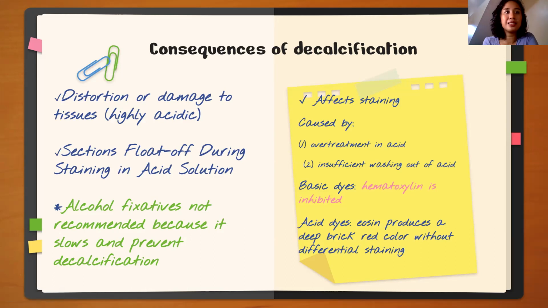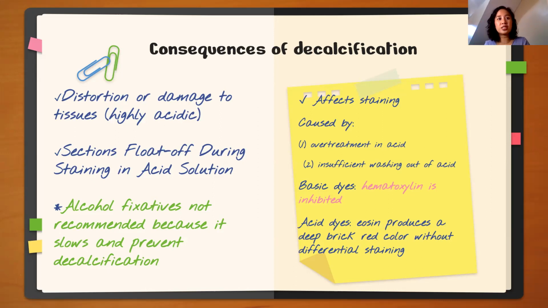What else, class? Sections float off during staining. Natatanggal yung section, di ba? Once you cut the tissue ribbons, you float them in the flotation device, tapos ididikit mo sa slide mo. Bago magdikit sa slide mo, usually nilagyan natin ng albumin para dumikit sa slide.